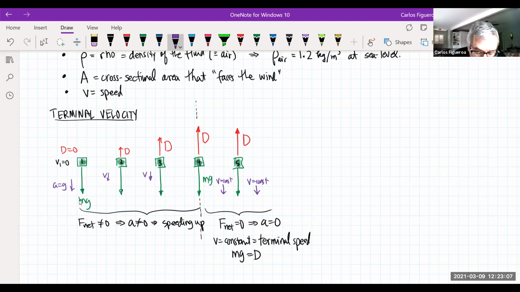So if I was to look at a motion diagram, what I would see is my dots getting faster and faster. Actually, that's a little bit too much for me. How about if I do it like this, and then I do it like this? Right here, here's my point 1, 2, 3, 4.